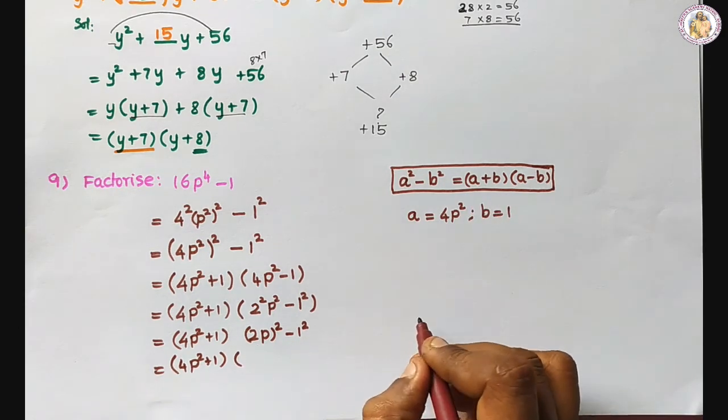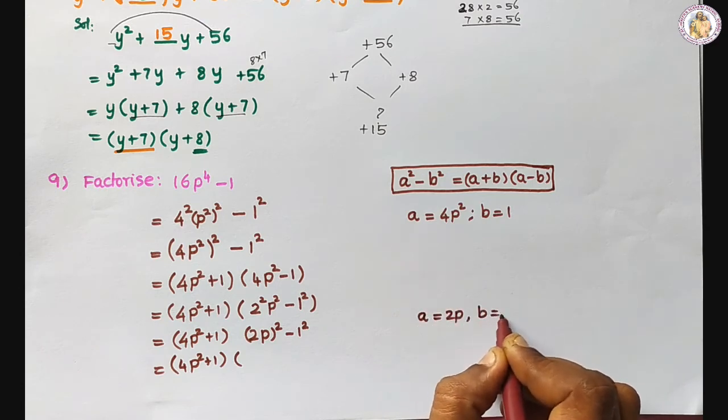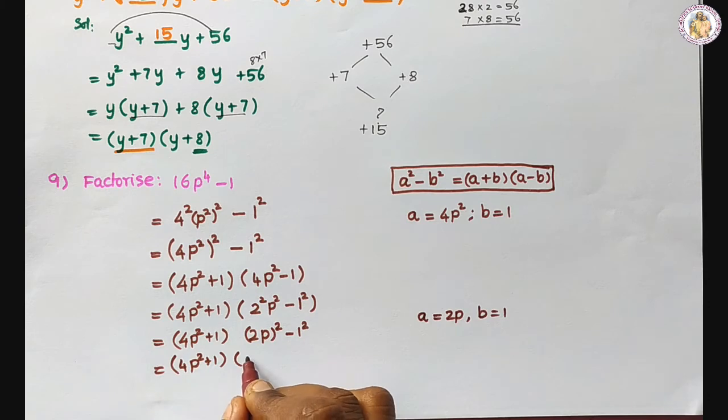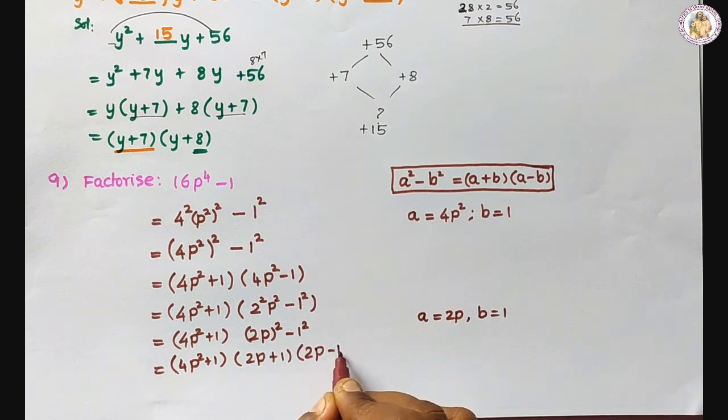Here a equal to 2p and b equal to 1, so that is 2p plus 1 into 2p minus 1. So 4p squared plus 1 into 2p plus 1 into 2p minus 1. That is the answer.